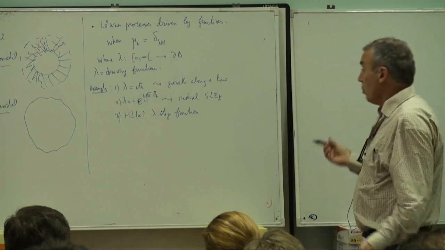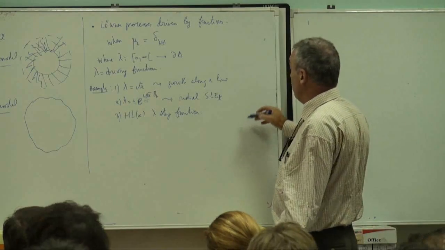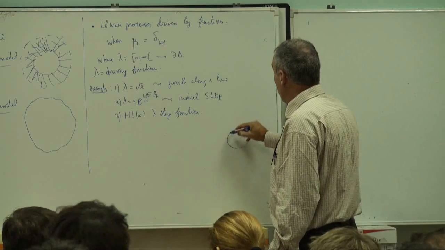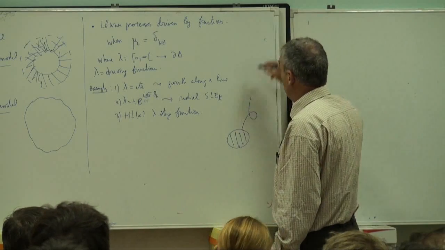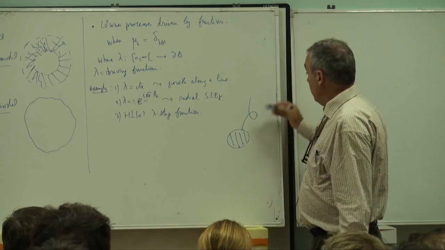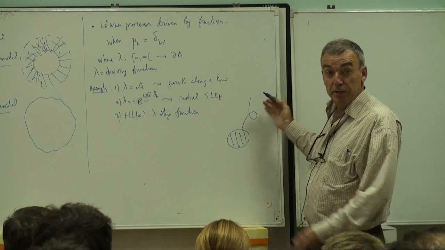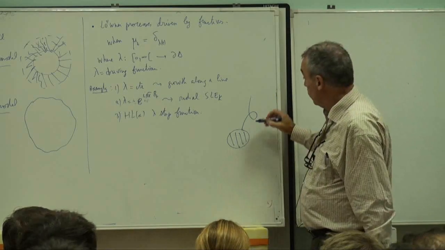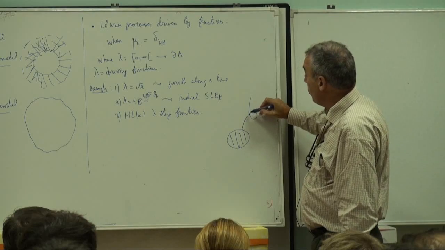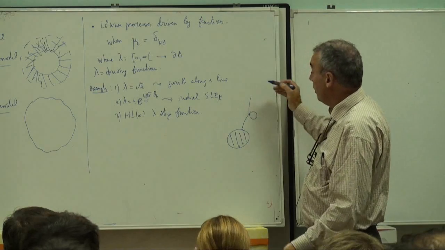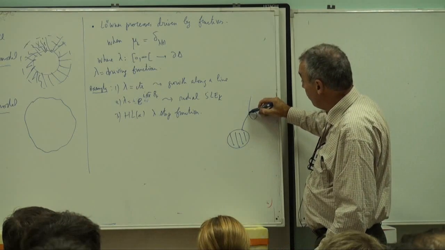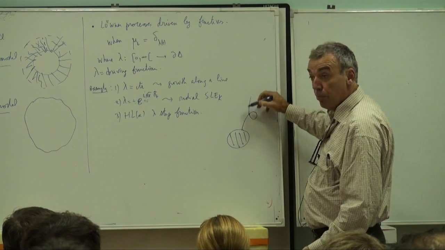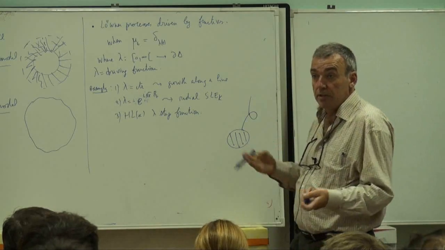So, for instance, let's consider a very simple growth, like this. This is a very natural growth, but the driving function here is not continuous. When you cross here, you start at another point on the boundary, so the fact that you are exactly at the same point here is irrelevant.